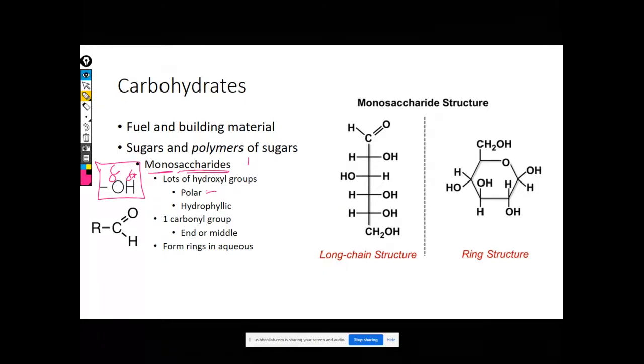So because our oxygen is a little bit negative and our hydrogen is a little bit positive, it has an interesting relationship. It temporarily bonds with things, particularly other things that have hydrogens and oxygens in them, like water, which also have selfish roommates.